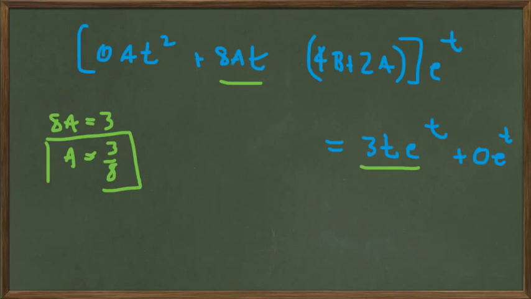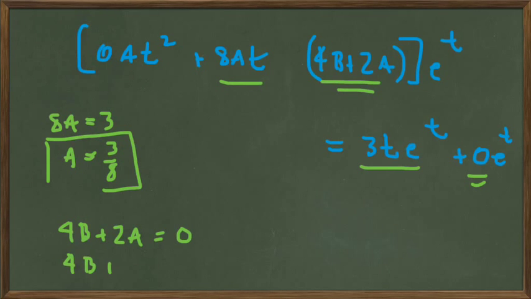We also see that the 4b plus 2a must equal 0. Plug in a: 4b plus 6 must equal 0.